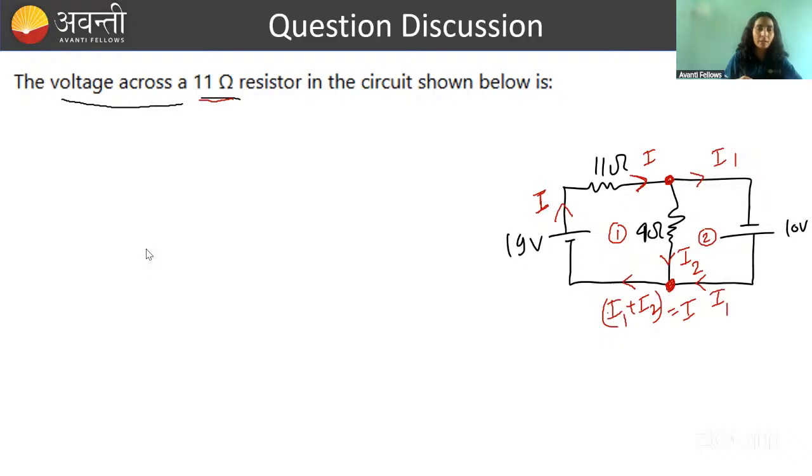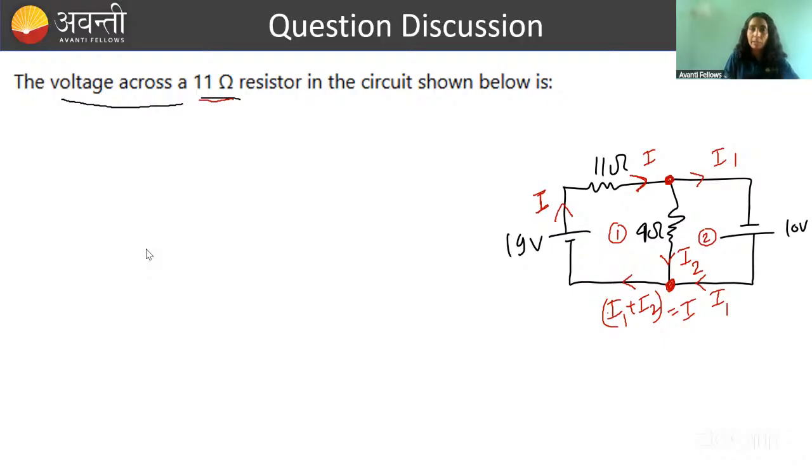Here you have to learn two things. First, if you have more than one battery and these batteries are not in series or parallel, you cannot use any formula to calculate the net equivalent or net EMF of the circuit. In that case, select any one battery, the one having higher potential.